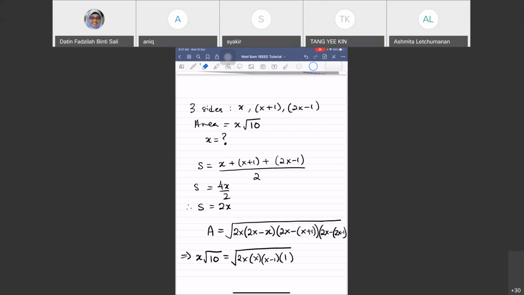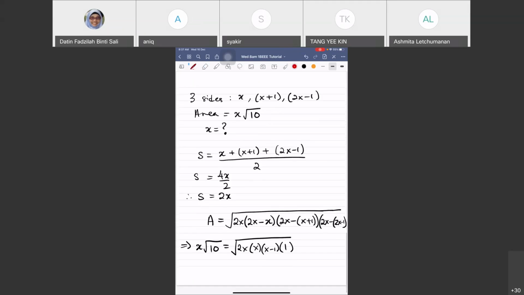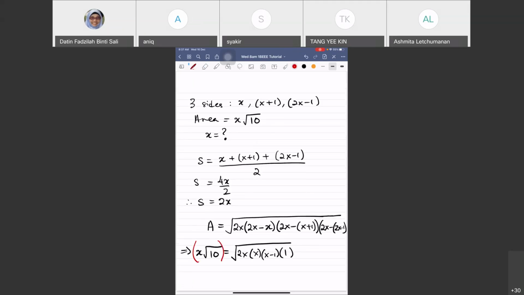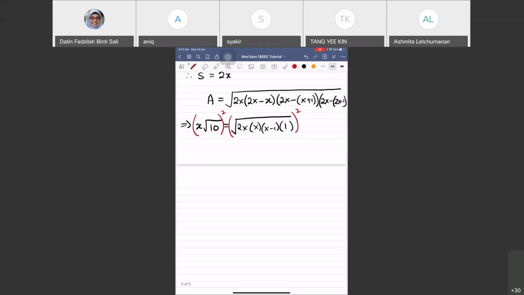Okay. Now, how do I get rid of the square root? Get rid of the square root by squaring both sides. So that means now I have on my left hand side 10x squared. On my right hand side, I just need to expand that.